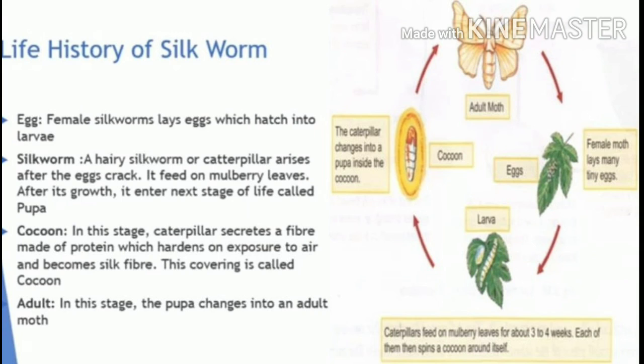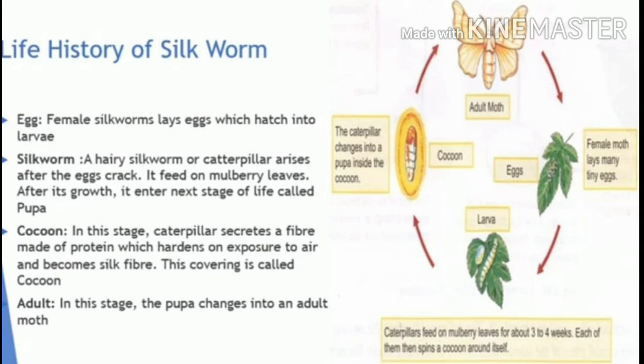So students, this life history of the silkworm begins with the first stage of eggs. The female silk moth lays eggs which hatch into larvae. A hairy silkworm or caterpillar arises after the egg cracks, and this converts into pupa, and the hardened part which is covered around the pupa is known as cocoon.